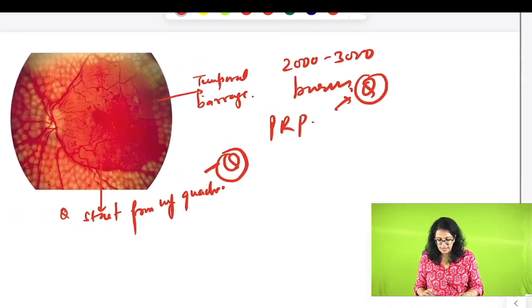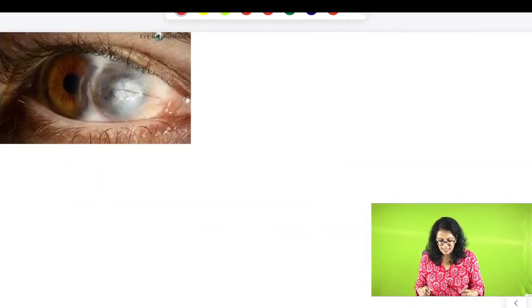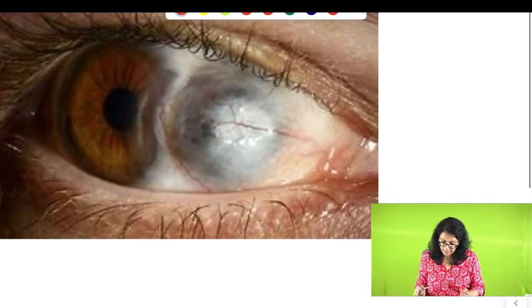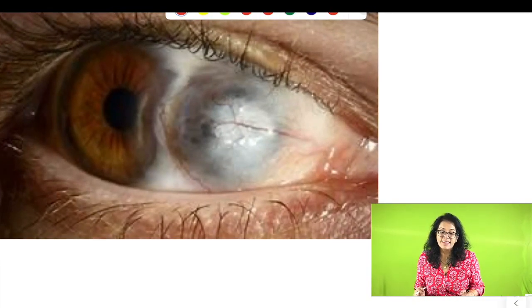What else should you revise? This. What are you looking at? What I am looking at is a very thin sclera where the uveal tissue is visible, and I see ectasia at this area, which is the ciliary area.